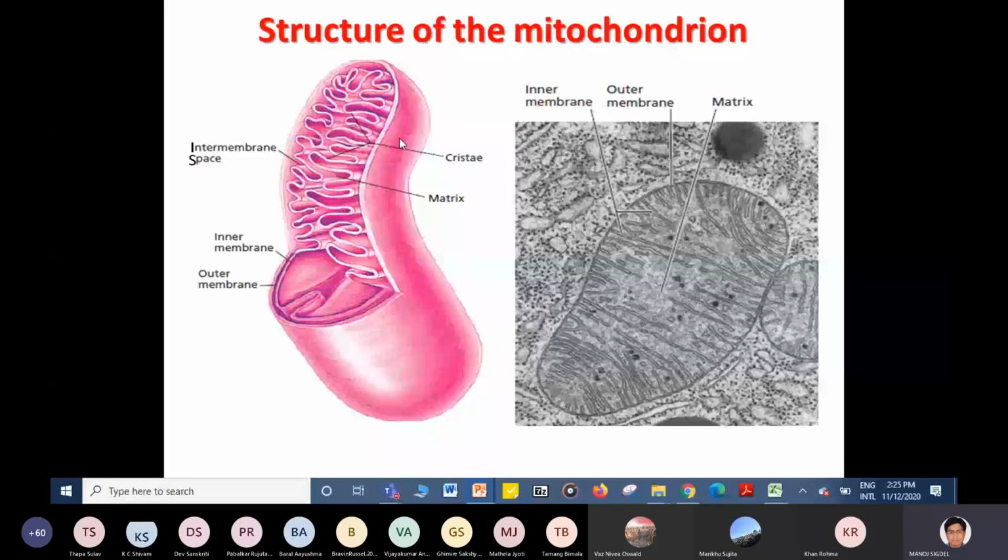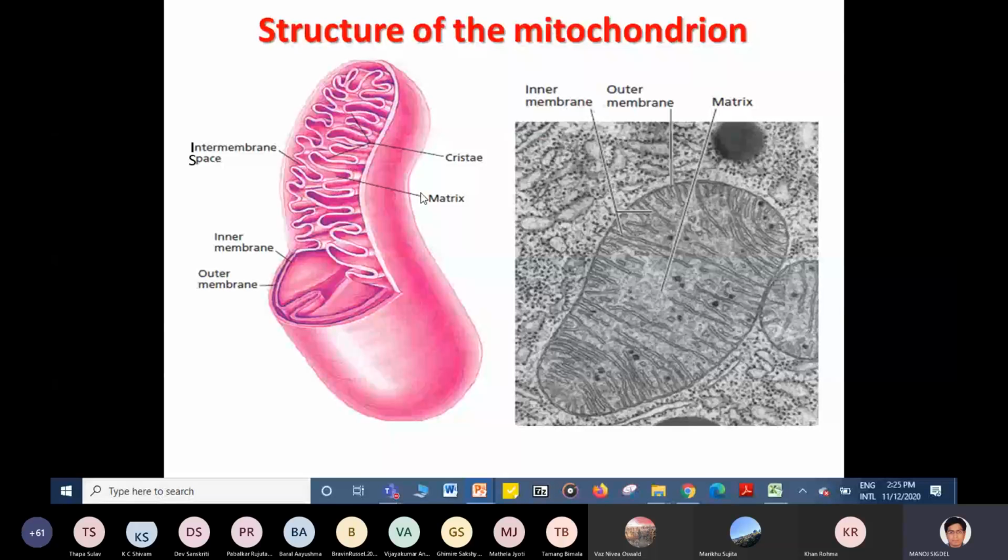Okay, if you look at the structure of mitochondria, you can see this is the double layered membrane. The outer membrane is continuous, whereas the inner membrane is folded in such a way that it gives rise to the cristae, and the inner side is known as matrix.